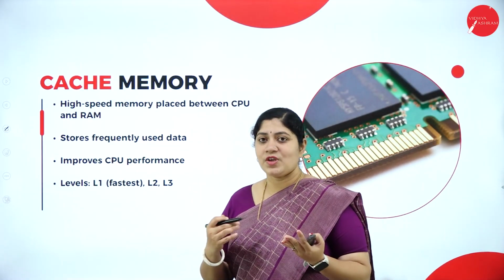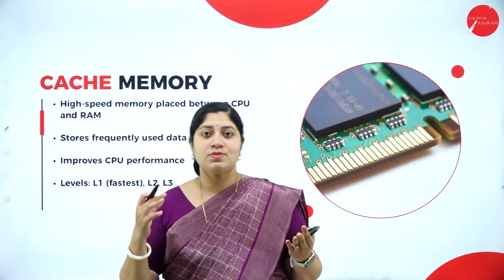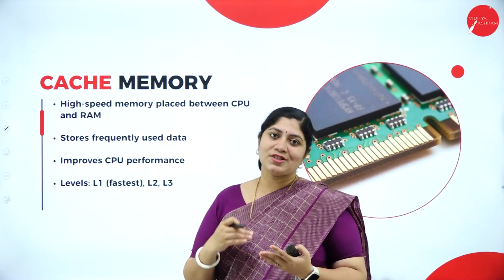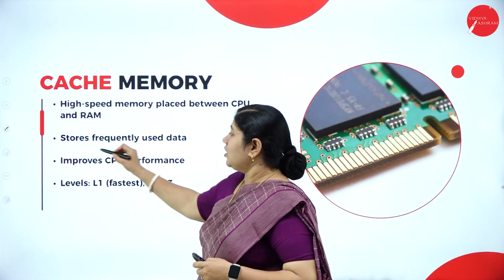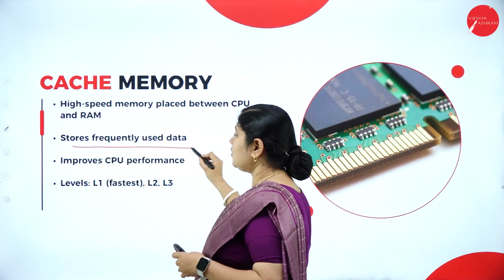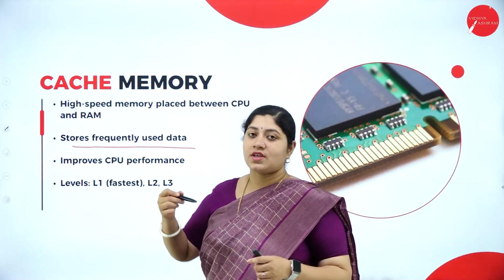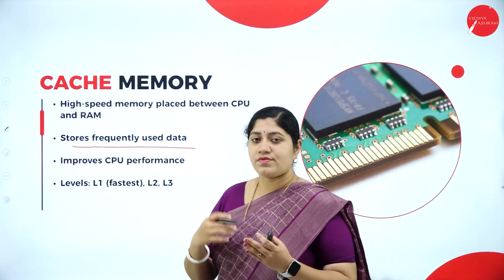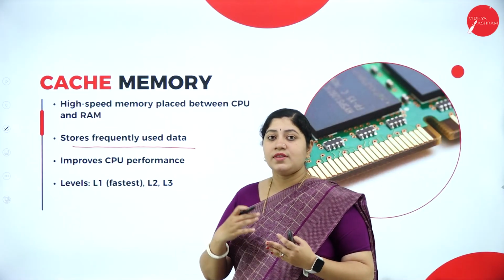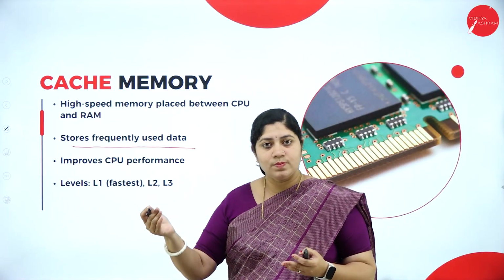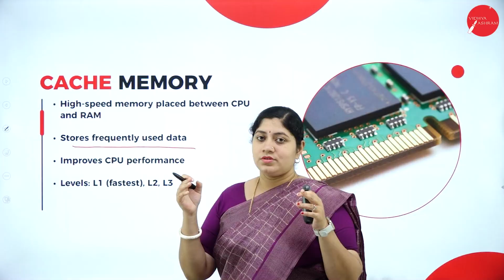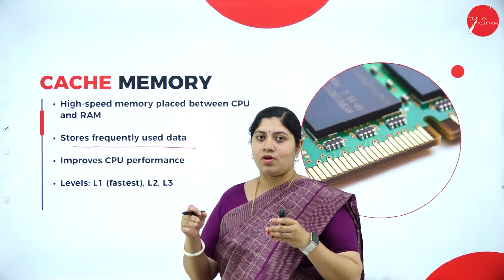Cache memory is a very high speed memory placed between the CPU and the RAM. It stores frequently used data, so there is no need to go back again and again to collect the information. There is no need to follow all this protocol.